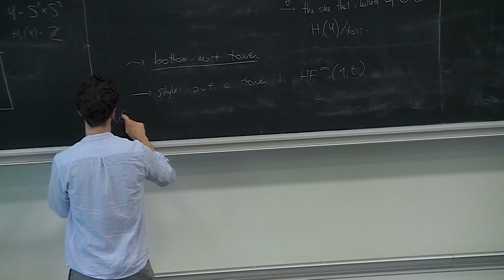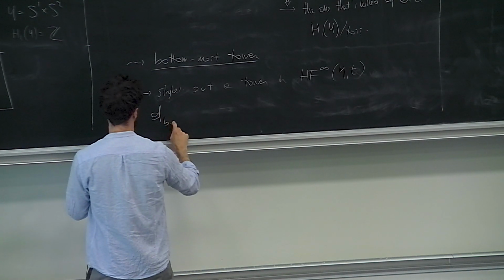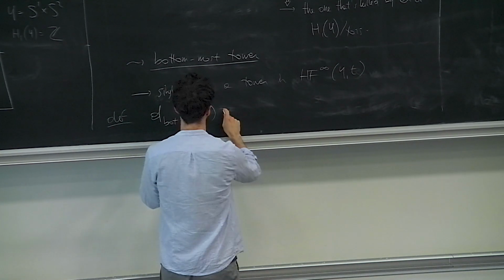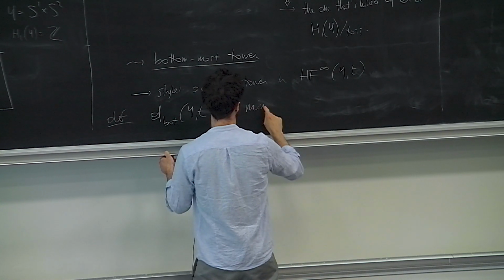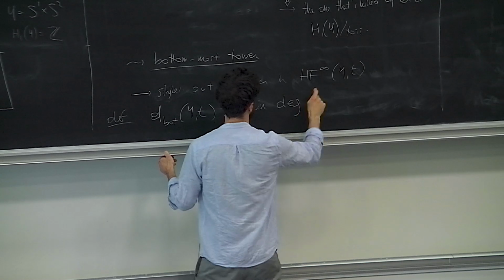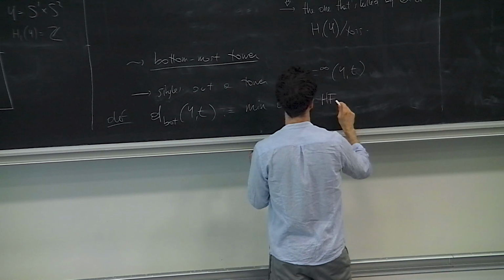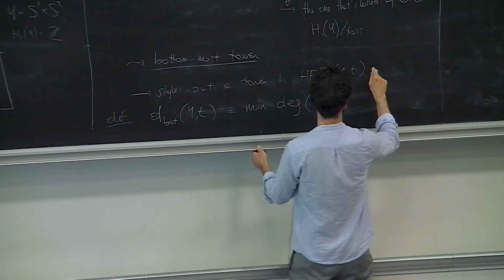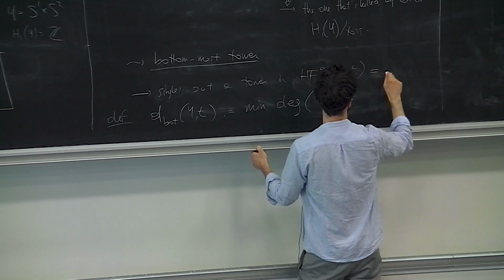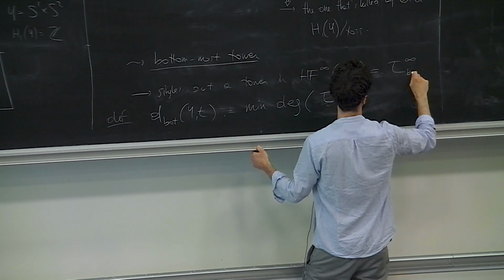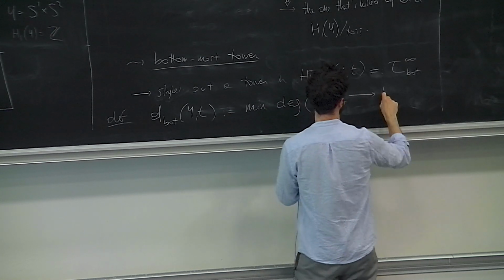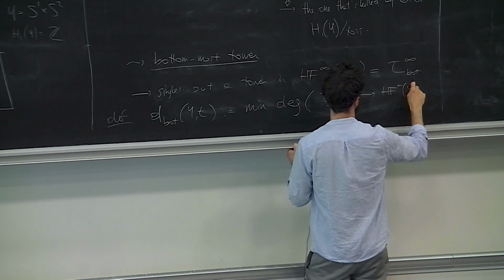So we can define the bottommost correction term of Y_T to be the minimum degree in the image of this bottommost tower that goes to HF plus.